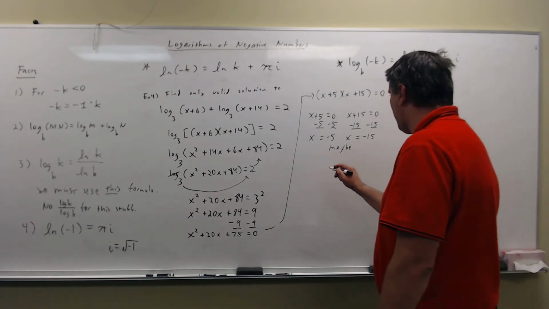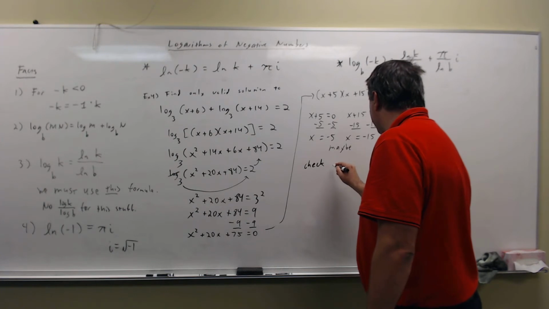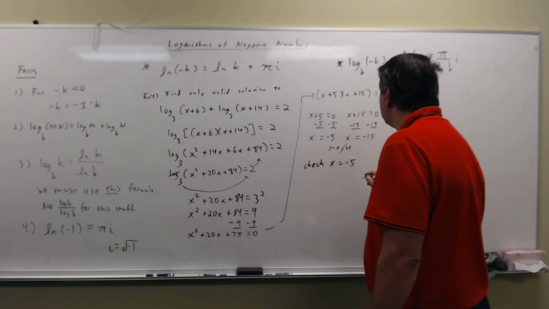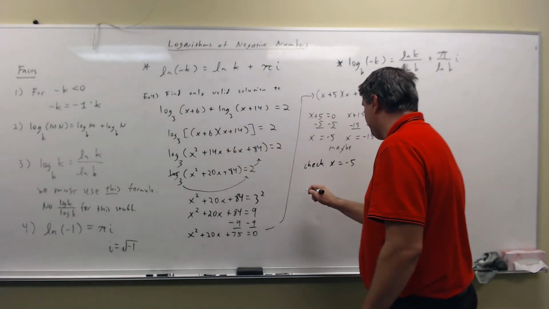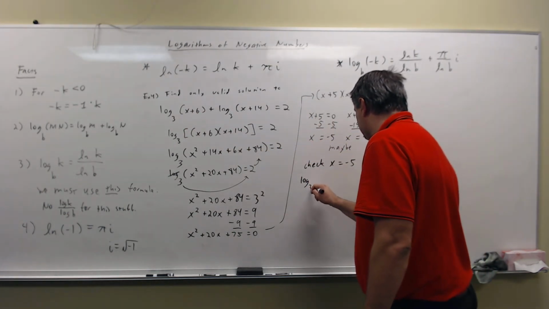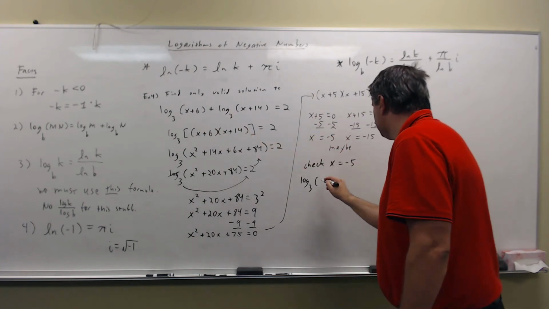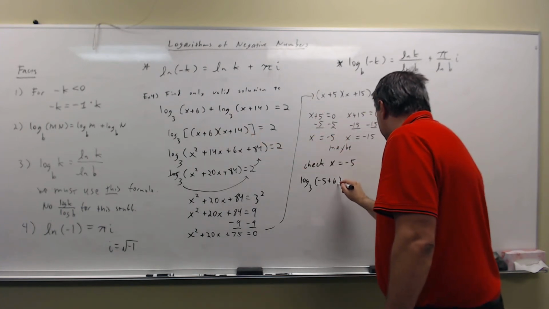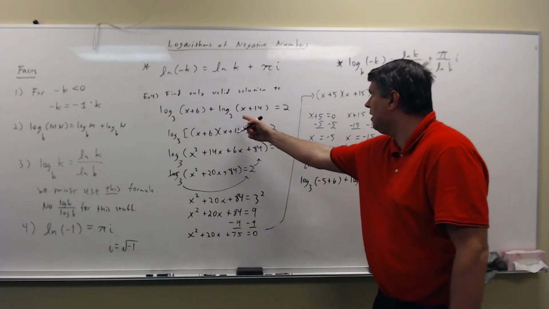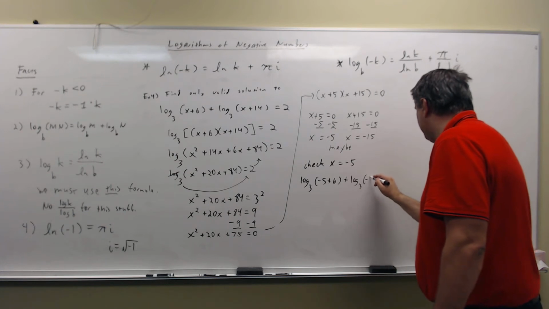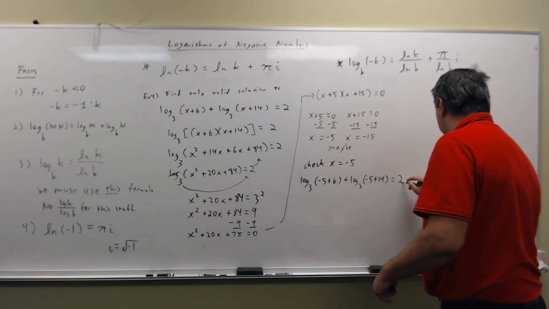All right. So I will check x equals negative 5. So I want to know if log base 3 of negative 5 plus 6 plus log base 3 of negative 5 plus 14 really does equal 2.